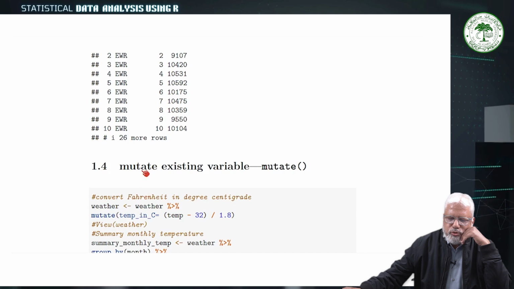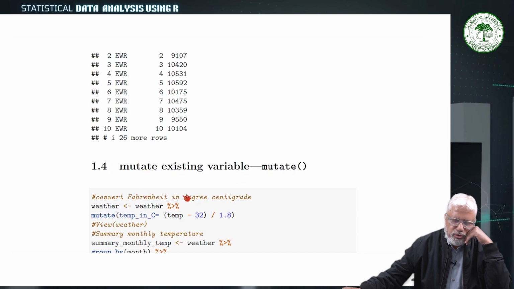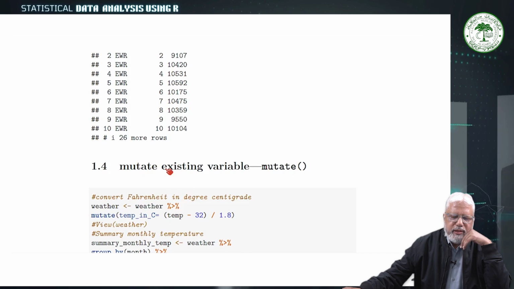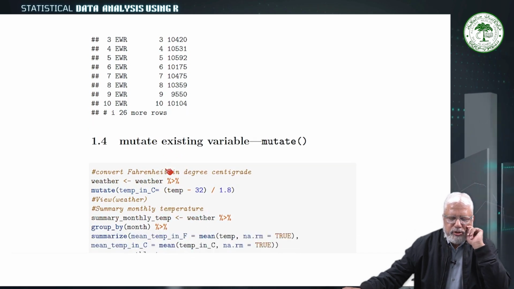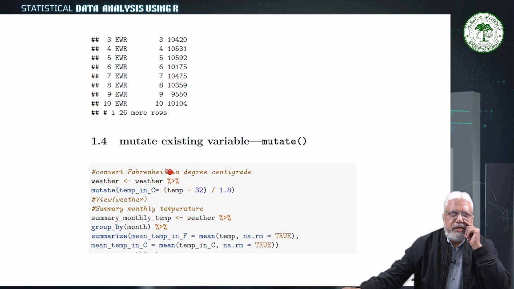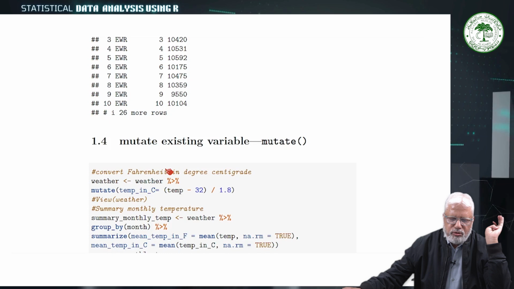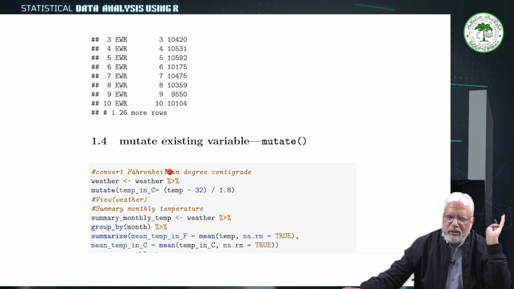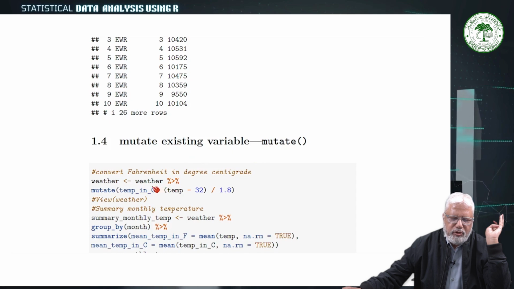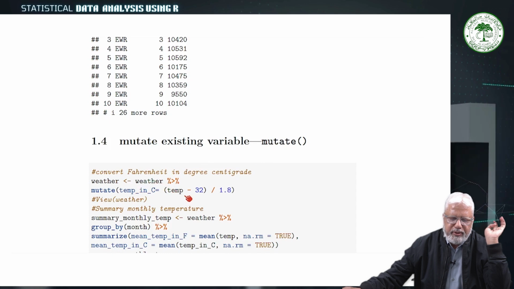Now mutate an existing variable, mutate. You know, the term mutant has been very common during the COVID days. People were saying that some mutant gene has come and it is more damaging. Actually in genetics the term mutant is very common, but here the term is taken from the same. What we are doing is defining a new variable, a mutant of temperature.